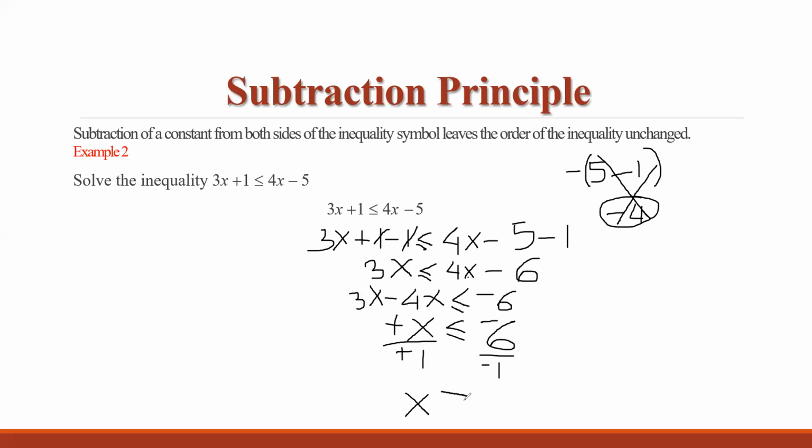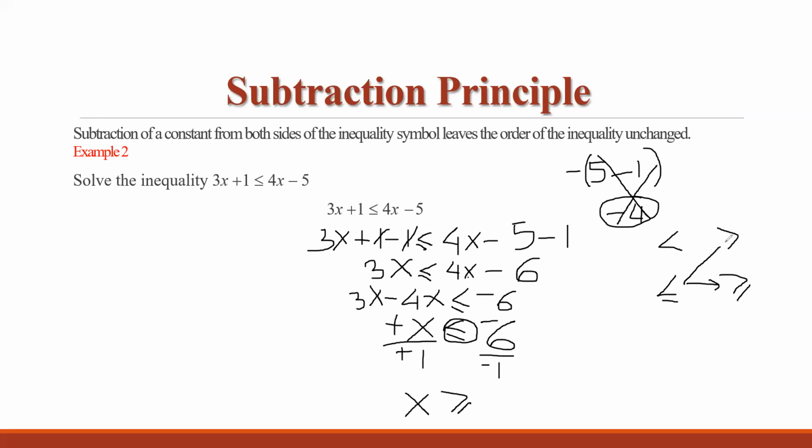To what? To greater than or equal. By changing, we have these signs: less than, greater than, less than or equal, then greater than or equal. So when it is less than or equal, it changes to its opposite.